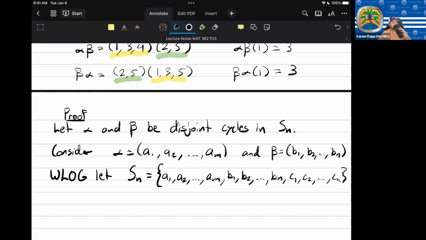Now, here's the tricky thing. I'm trying to show that these two cycles commute, but these cycles are still permutations, and permutations are bijective functions.